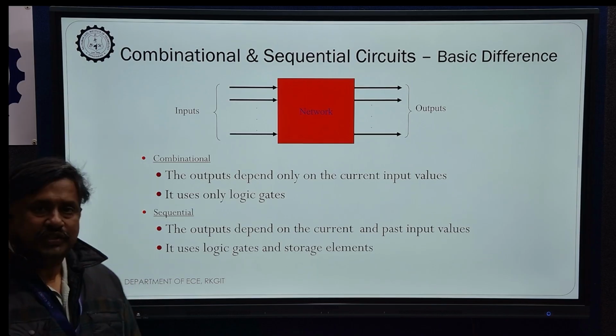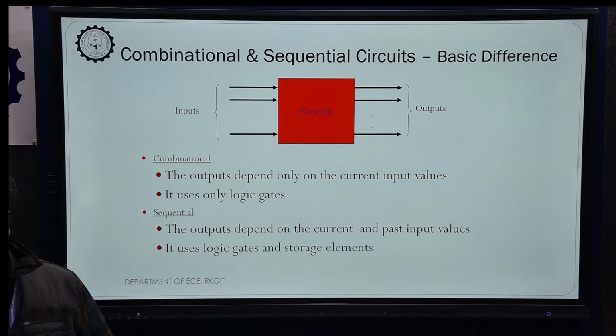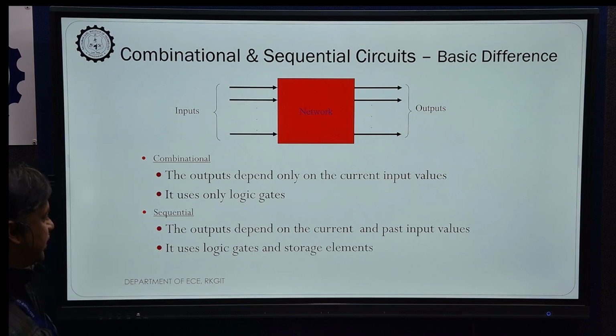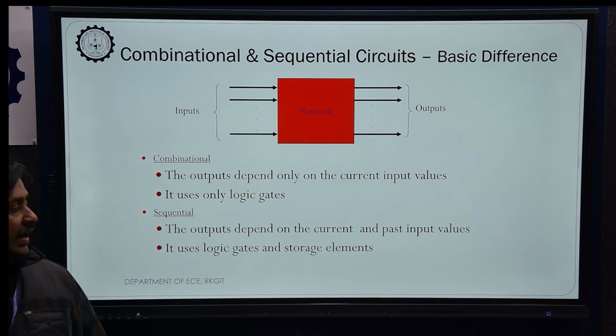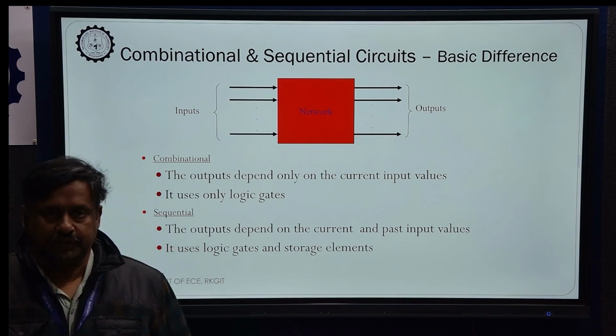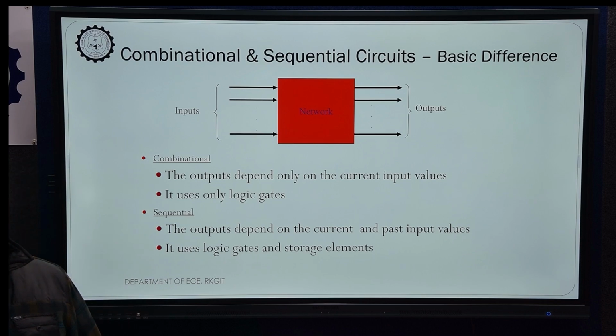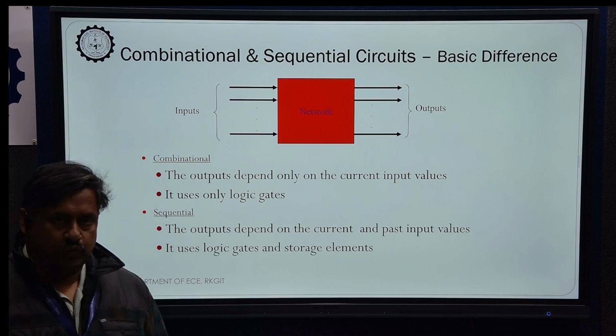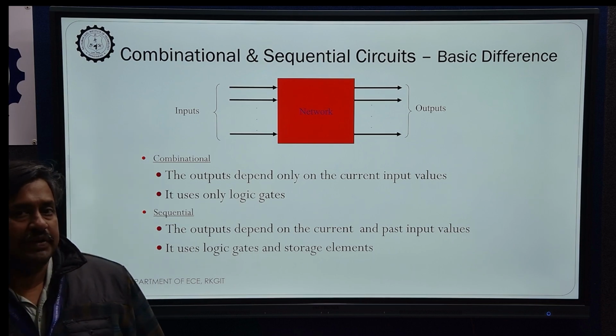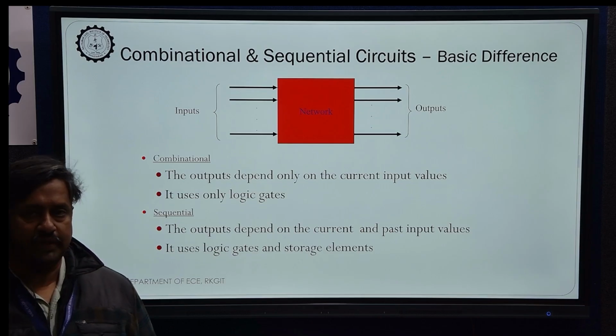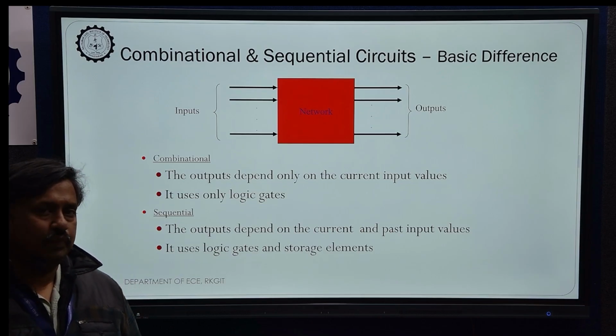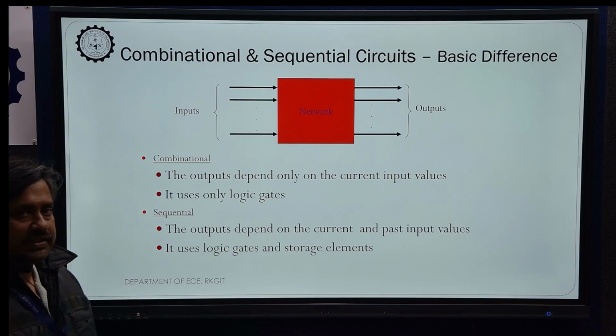When it comes to sequential circuit, it is a different type of circuit in which the output depends on current and past input values. So you can see the difference between these two. In a combinational circuit, the output depends upon present input, but in the case of sequential, the output depends upon present as well as the past.